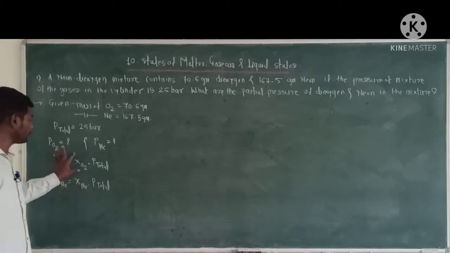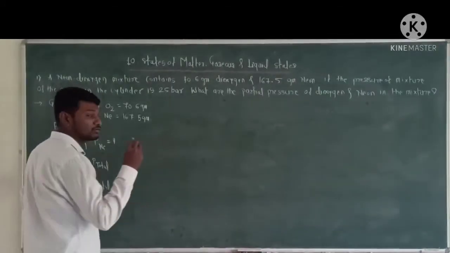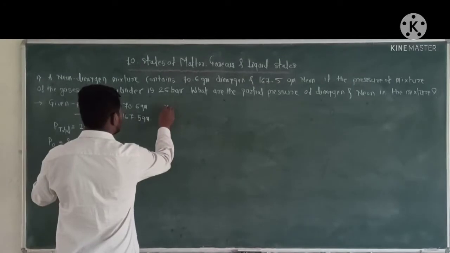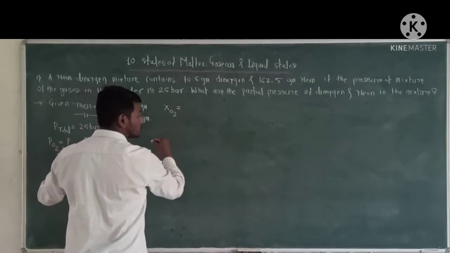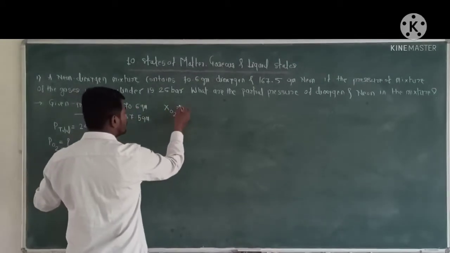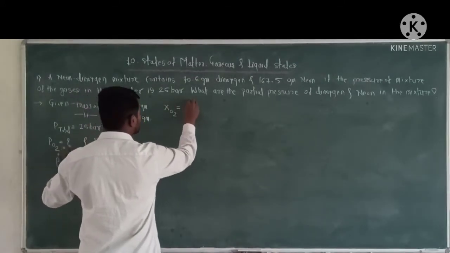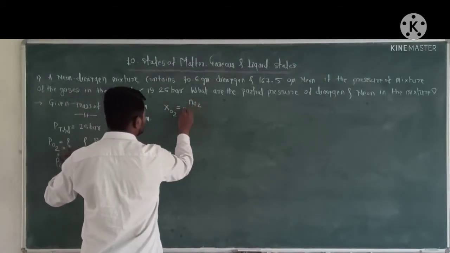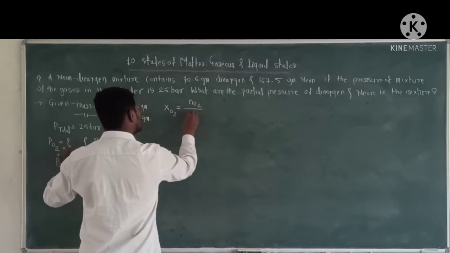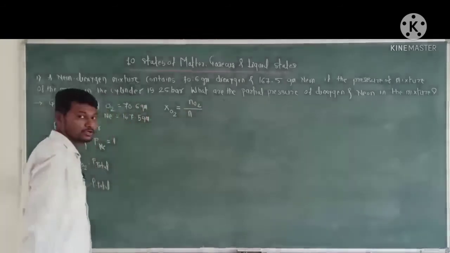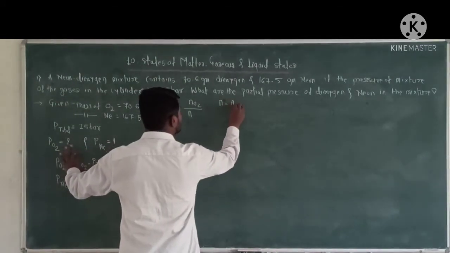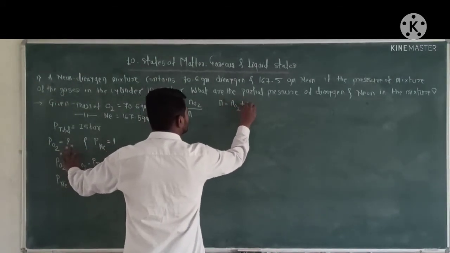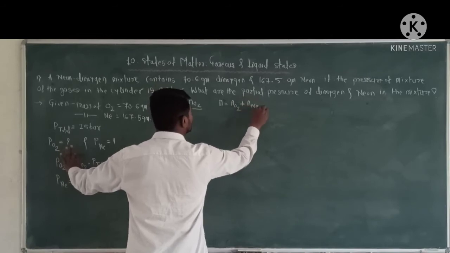Okay, now mole fraction of dioxygen is calculated by using the equation: X O2 is equal to number of moles of dioxygen divided by total number of moles. Now total number of moles means number of moles of dioxygen plus number of moles of neon.